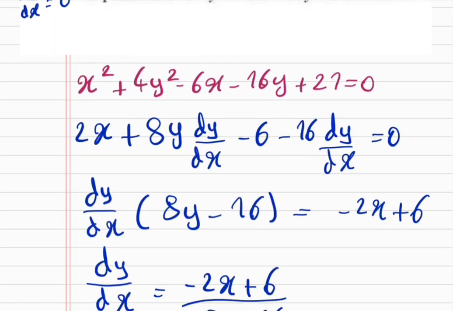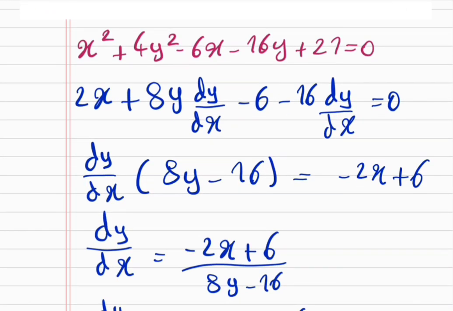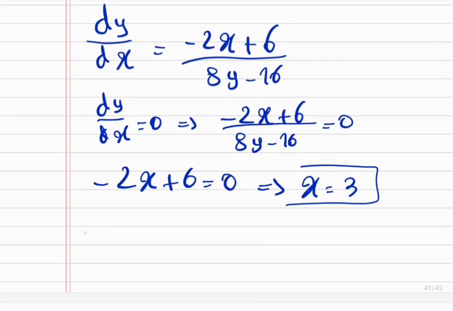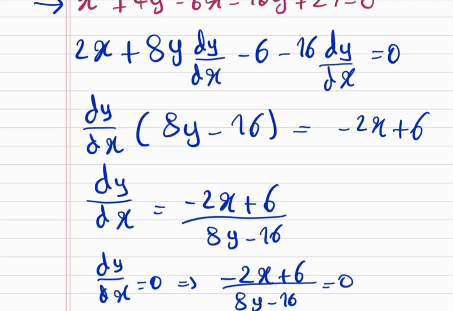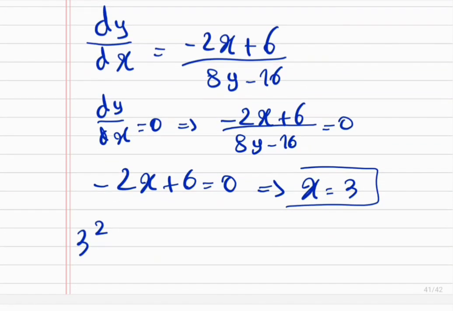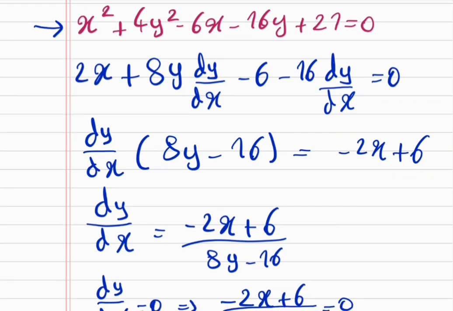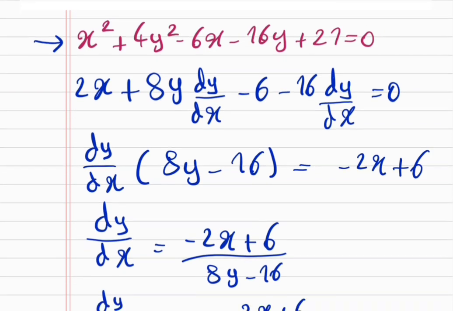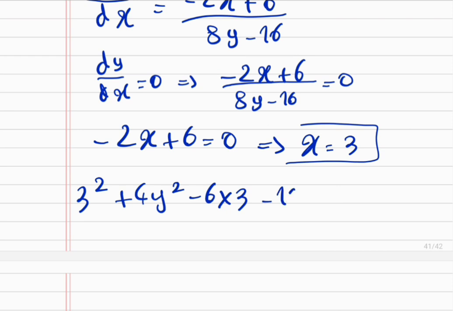So in this case, we substitute 3 into this equation, and we are going to have 3 squared, plus 4y squared, minus 6 times 3, and then minus 16y plus 21 is equal to 0.